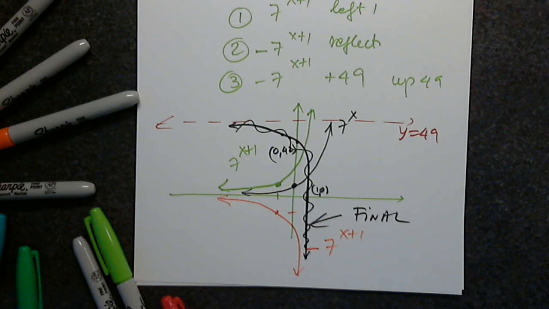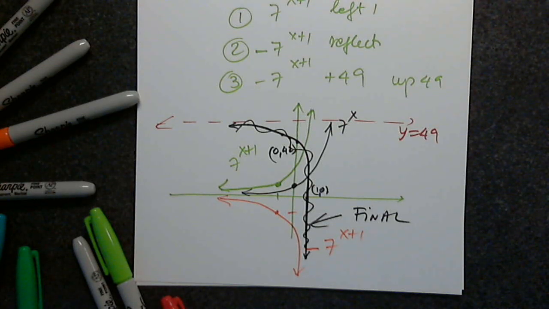Graphing an exponential function using transformations and finding the x and y intercepts algebraically. Is that clear? Okay. Next, using the models of continuous compound interest.